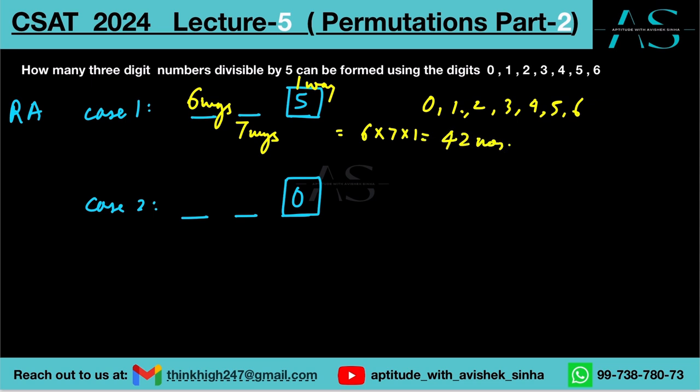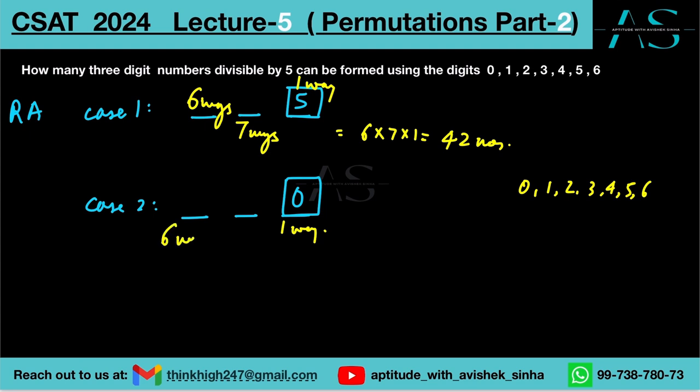Now, 0, 1, 2, 3, 4, 5, 6. 0 is placed here, we know for a fact, 1 way. Can 0 be placed anywhere else? Yes, but not at the first spot. So in order to fill the first spot, again we have 6 ways.